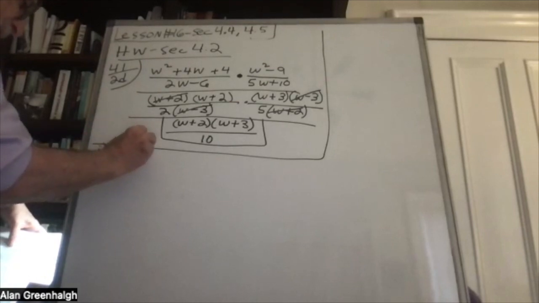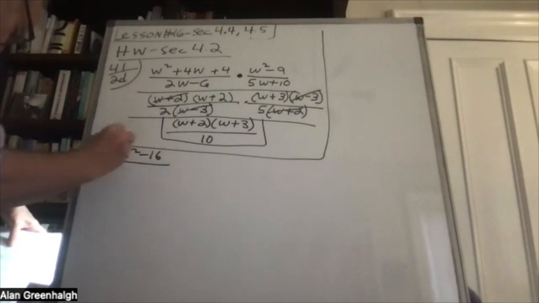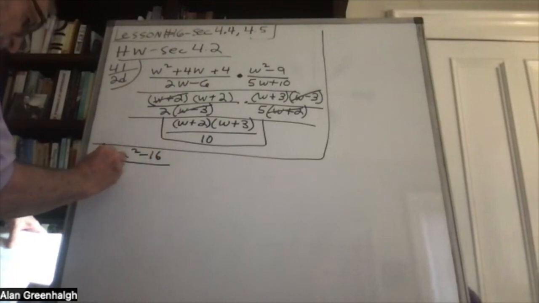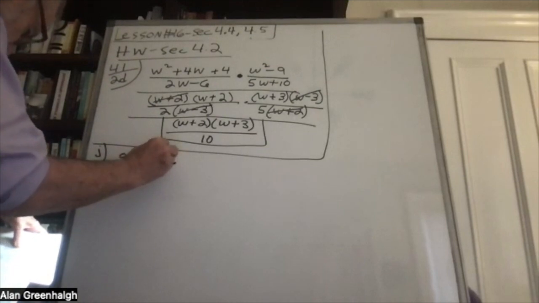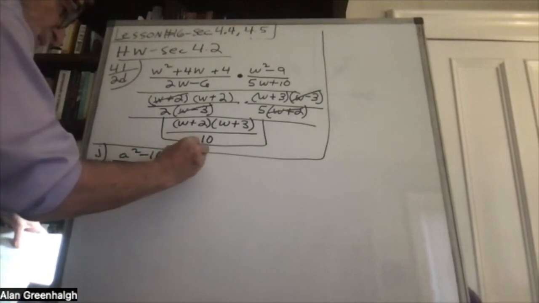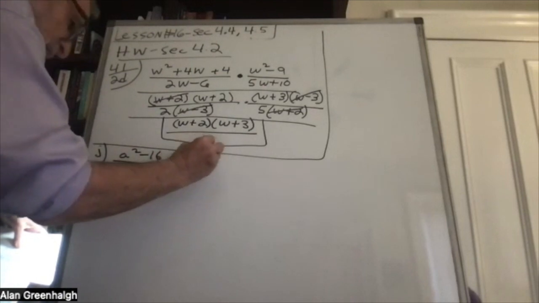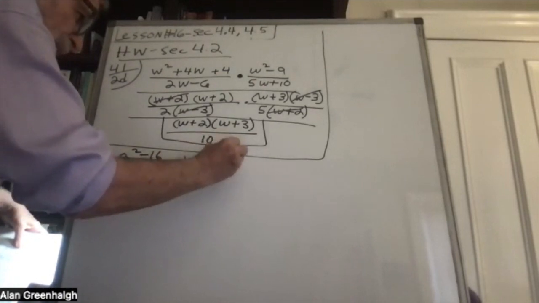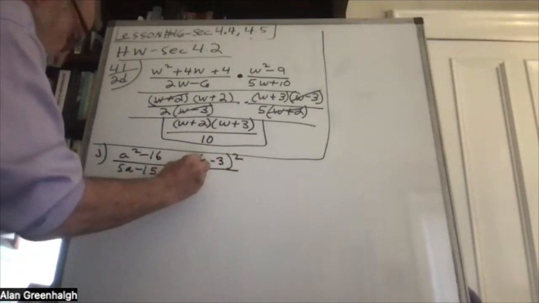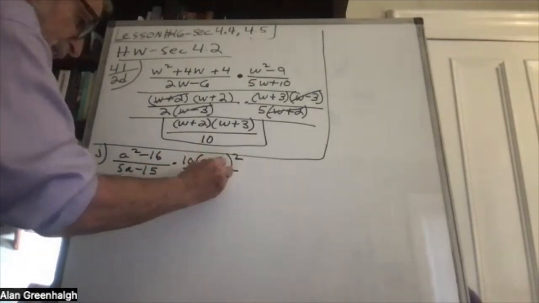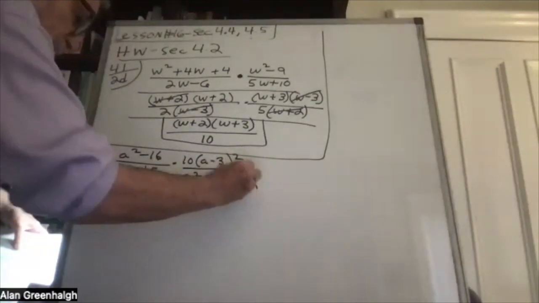So here's problem J. More factoring. It's all factoring, and then just canceling out. That's what this is. 10 times a minus 3 squared divided by a squared minus 7a plus 12.